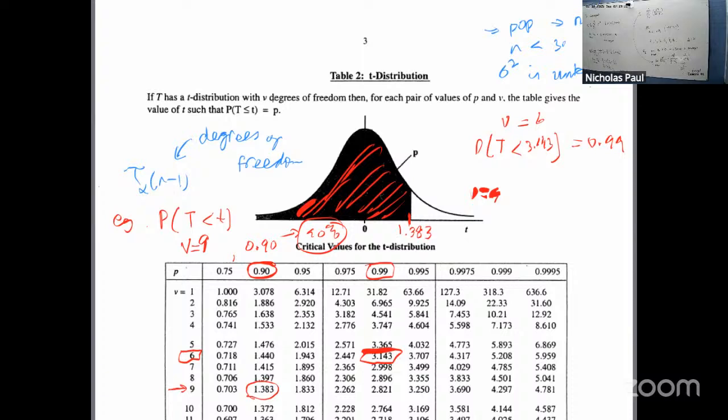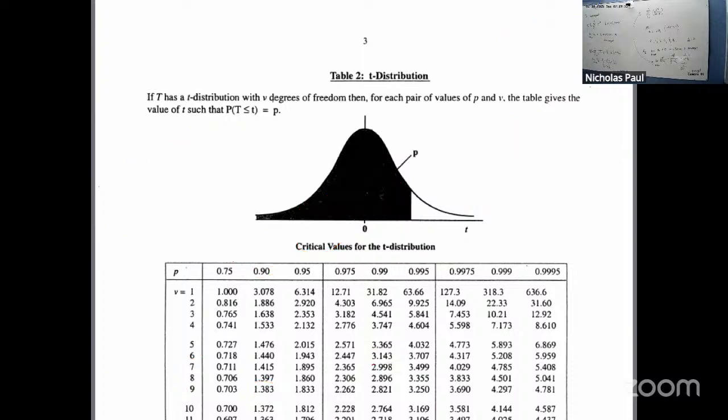I'll give you one more. I'm going to clear it out. Suppose I change it like this now. Suppose I said, what's the probability of t is less than 1.796?